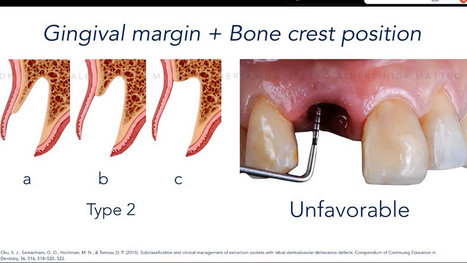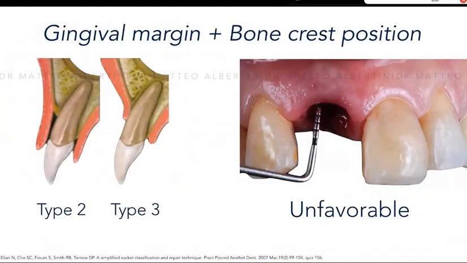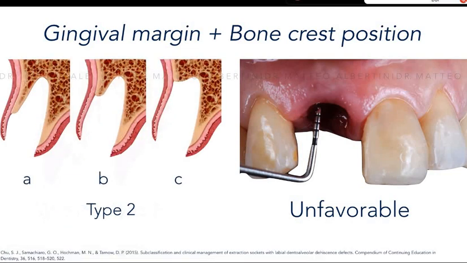This bone dehiscence can be more or less profound, more or less deep. So the less favorable cases are type 3, according to the Allen classification, but type 2B and 2C can also be less favorable.